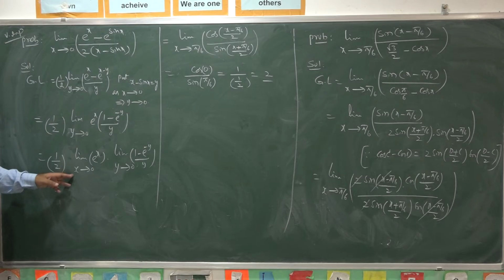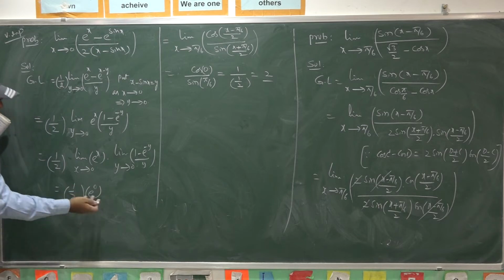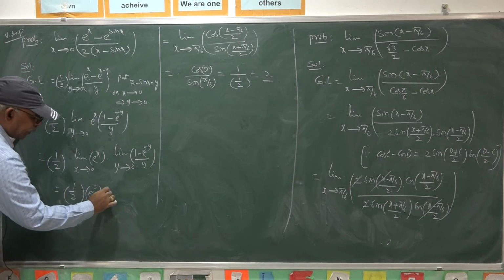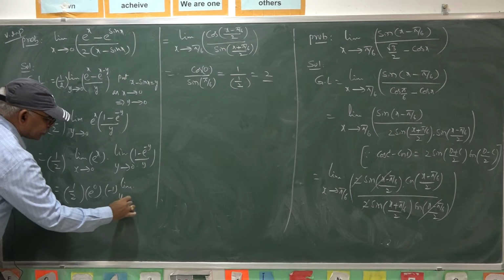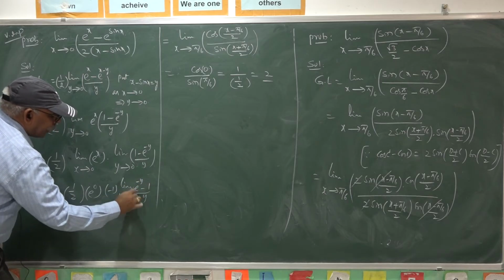So as x goes to 0, e power x is e power 0, which is nothing but 1. And this may be written as minus 1 common, limit y goes to 0, e power minus y minus 1 by y.